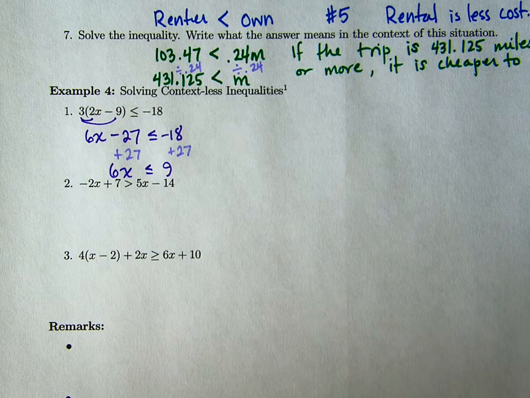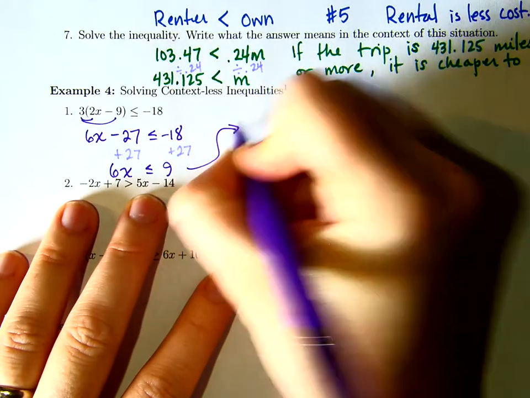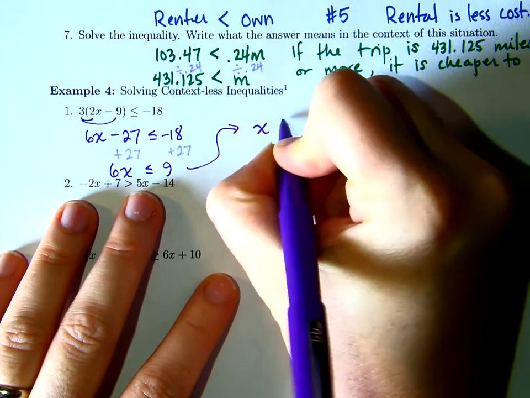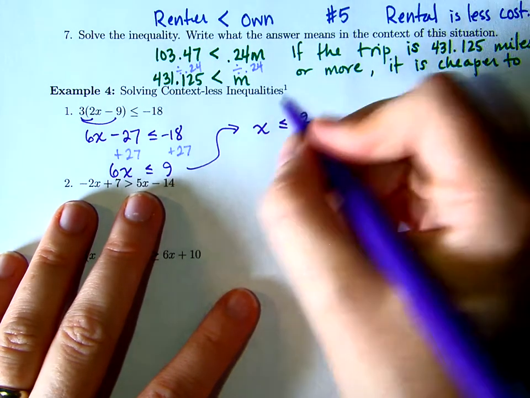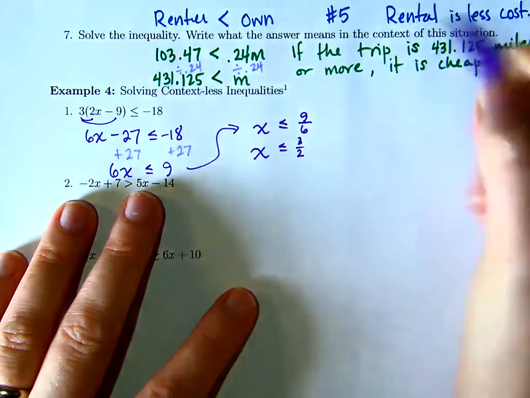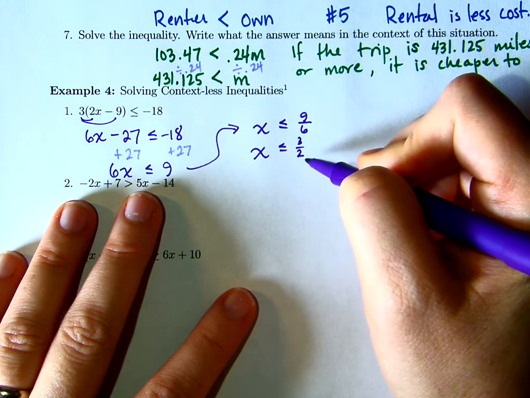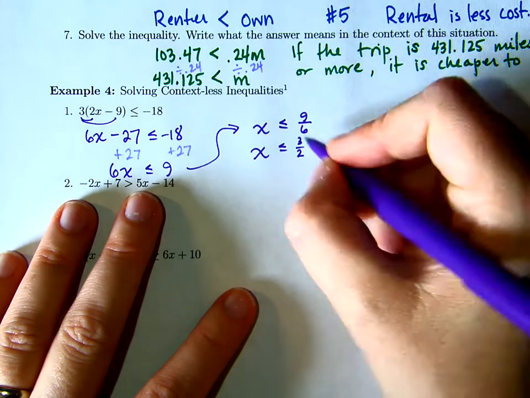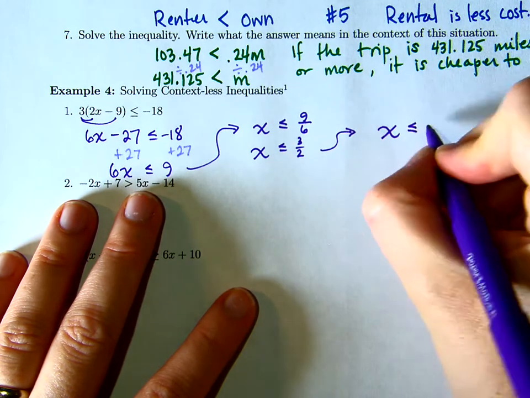Because it's a positive 6, again, the inequality will stay the same. And 9 over 6 can be simplified. That is 3 halves, right? Divide 9 by 3, we get 3. Divide 6 by 3, we get 2. So what is that, 1.5?